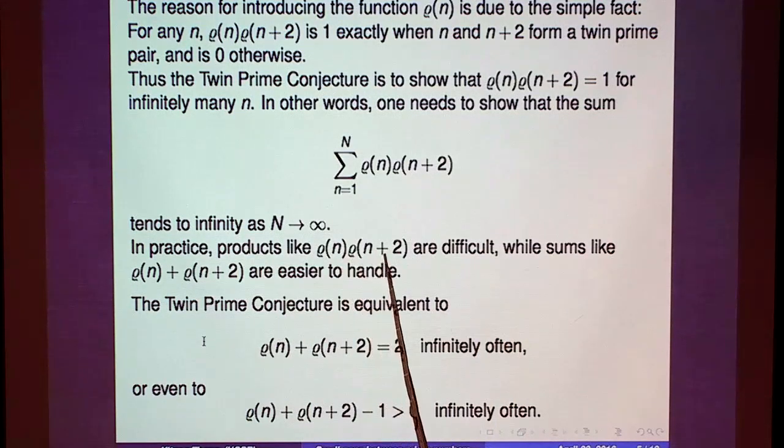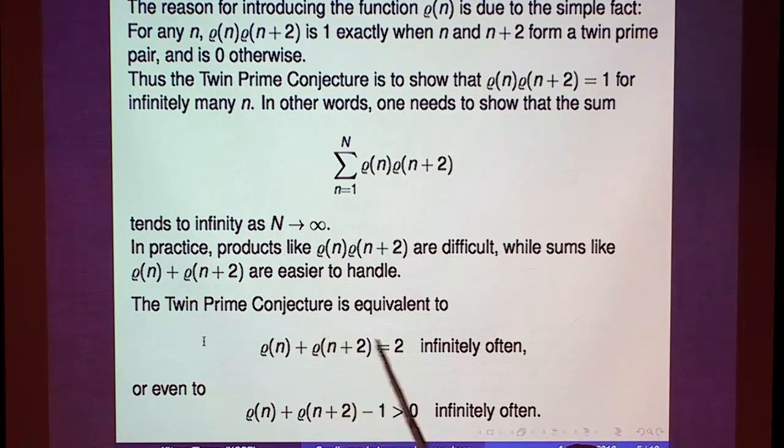Why? Let's consider something else. We're not going to take the product. Instead, let's consider the sum of these two terms. This could be much easier to handle. Now, the twin prime conjecture is equivalent to rho of n plus 2 being equal to 2 infinitely often.